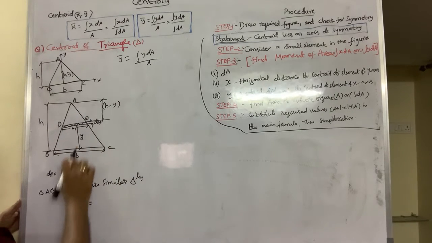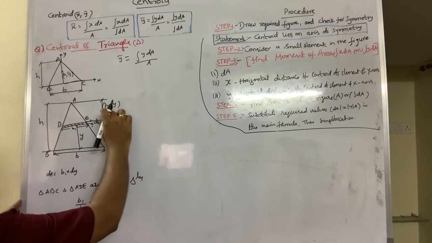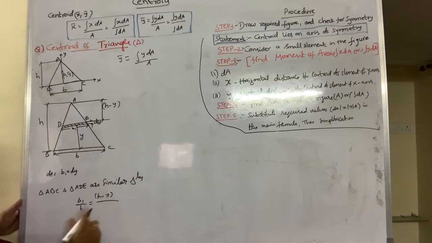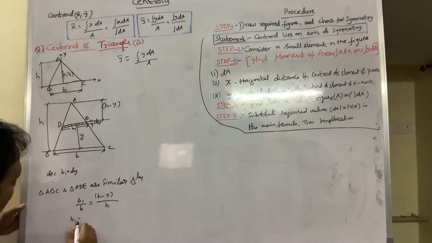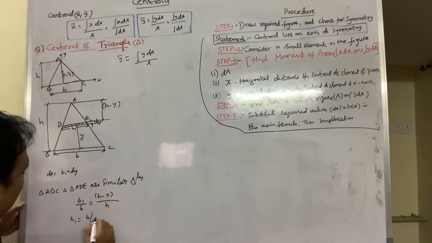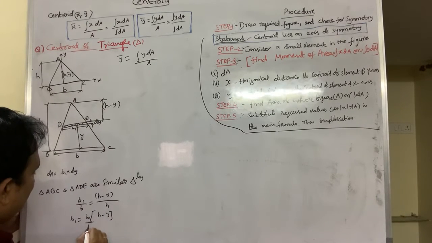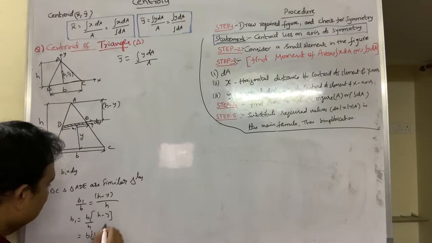B1 is the base of the small triangle ADE, so corresponding to that, H minus y, by, for the bigger triangle ABC, the height is H. From this, B1 is equal to B into (H minus y) by H. Also we can write this as B into H by H, 1 minus y by H.